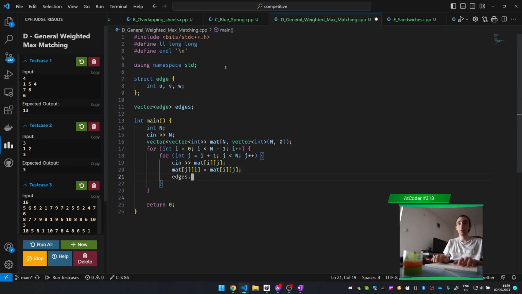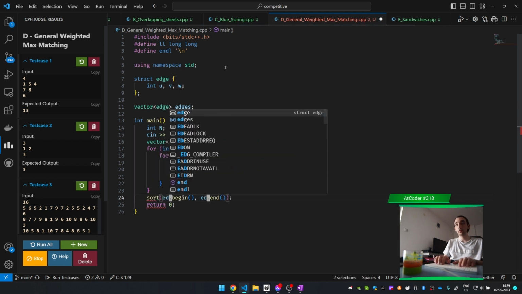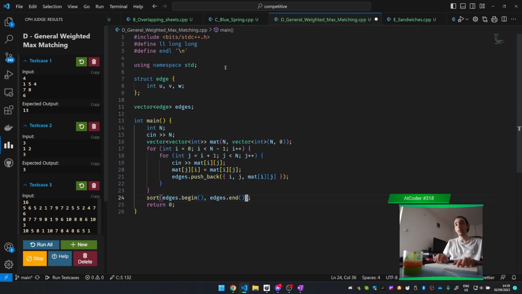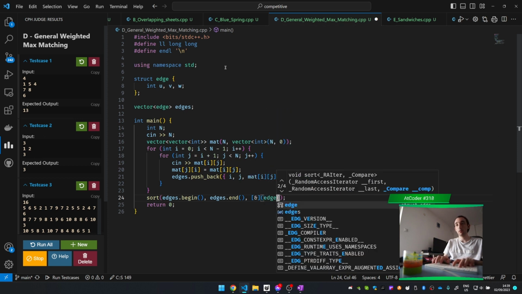So edges push back ij, and the weight is this. Then we want to sort edges by weight.